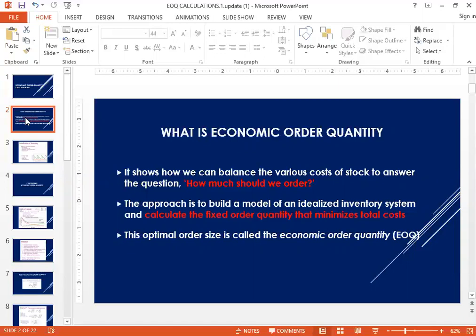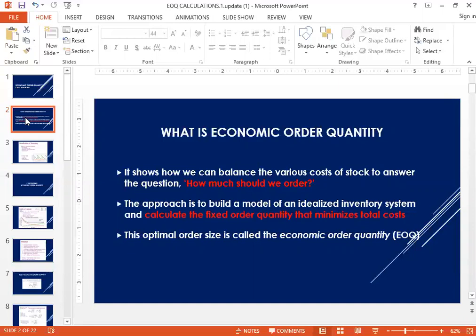And there are a lot of questions that organizations have regarding how much inventory they should order. There are so many factors that need to be considered. Thankfully, in supply chain management, there is a very powerful economic model called the EOQ, or the economic order quantity.